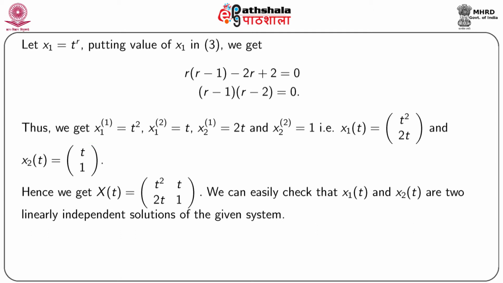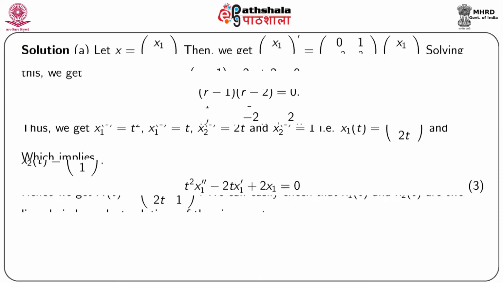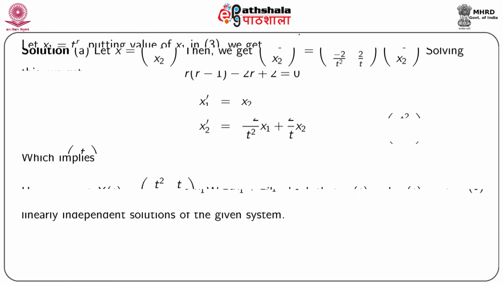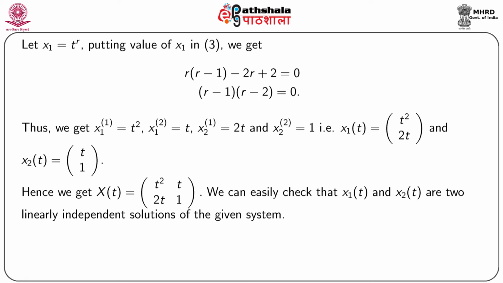The meaning of this is that our two solutions x1: the first one is t square, which is obtained by putting r equal to 2, and the second solution is obtained by putting r equal to 1, so it is t. And for the second component, since x2 is equal to x1 dash, all we have to do is differentiate these solutions.